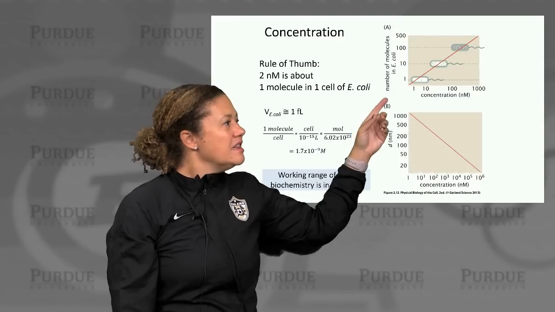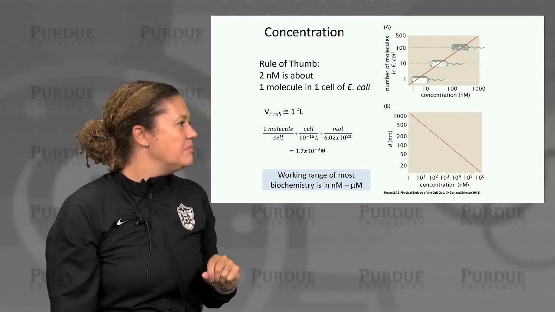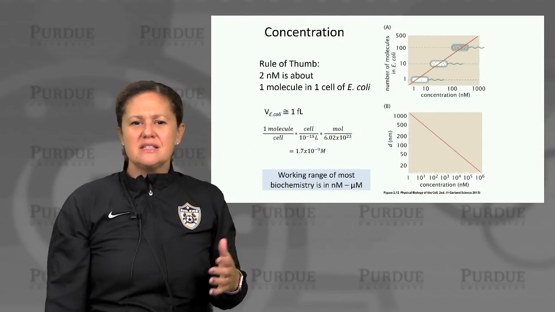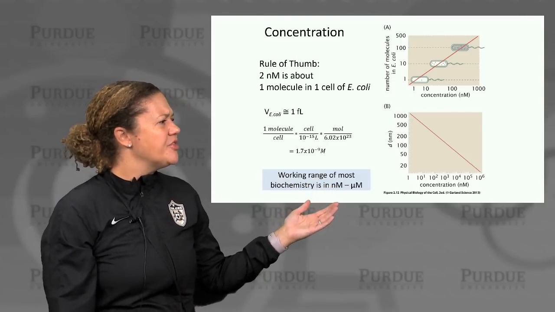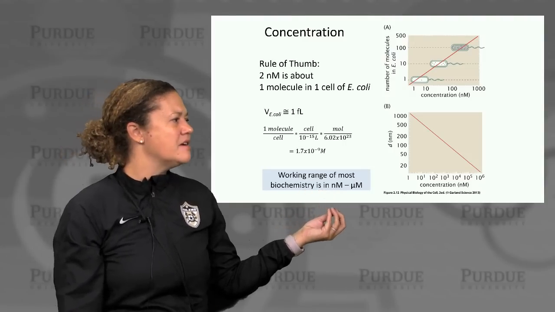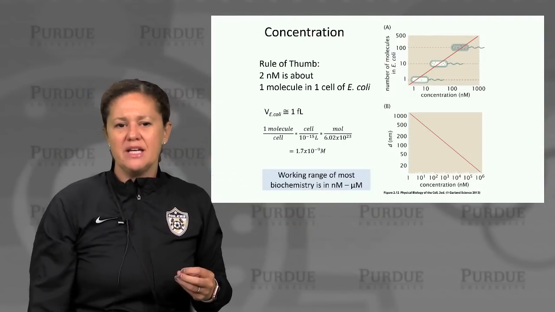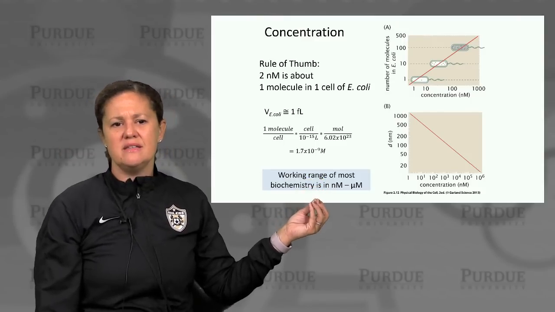So less than 2 nanomolar for a typical molecule is going to be less than 1 molecule per cell. So this makes sense now that the working range of most biochemistry inside the cell is in this nanomolar to micromolar range. So this makes sense now of what concentrations are reasonable inside the cell.